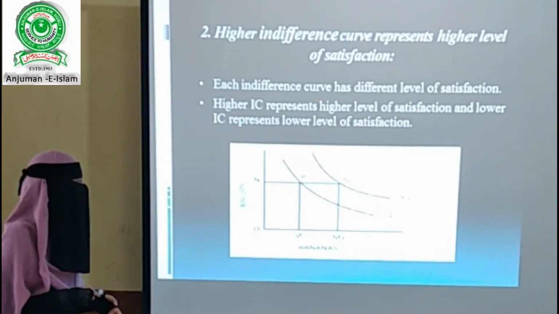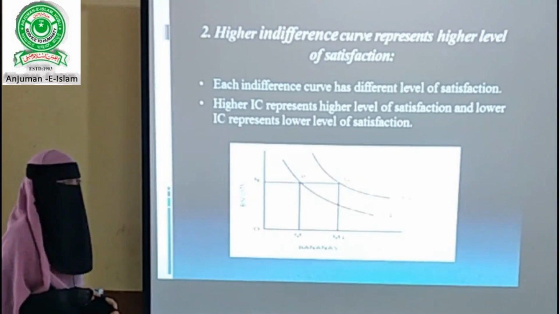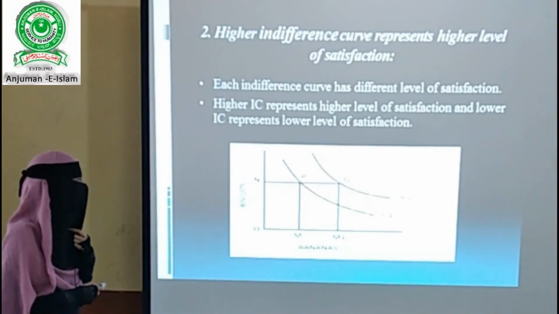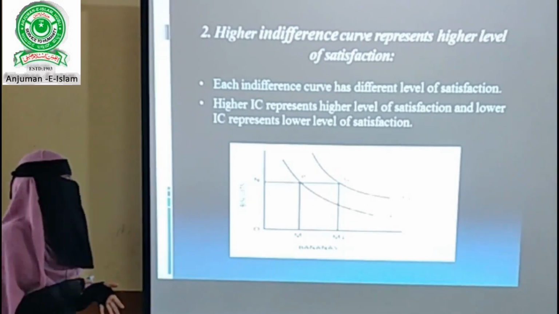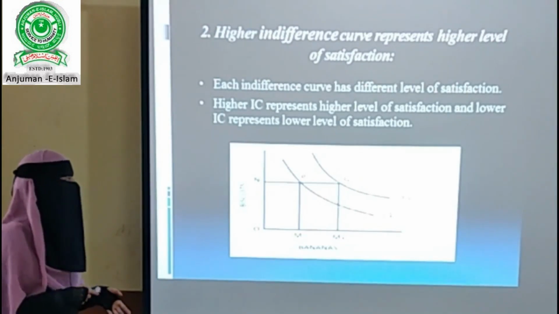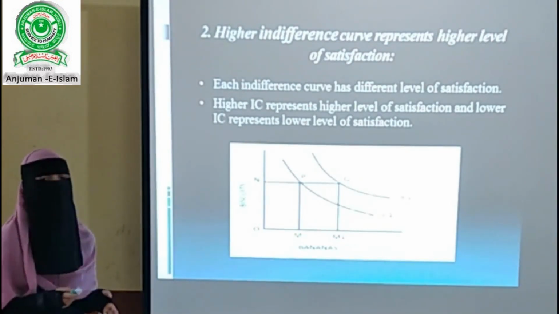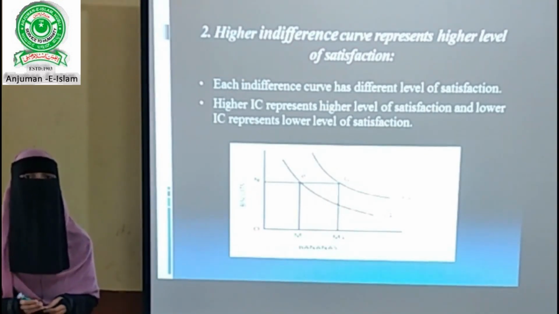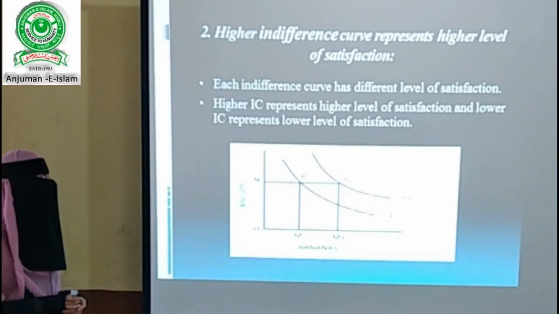So OM1 is greater than OM. On the basis of area also we can understand that the area ONQM1 is greater. This is the area where the consumer gets more quantity of goods, which provides a higher level of satisfaction.